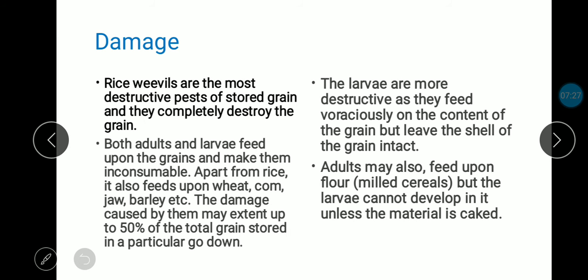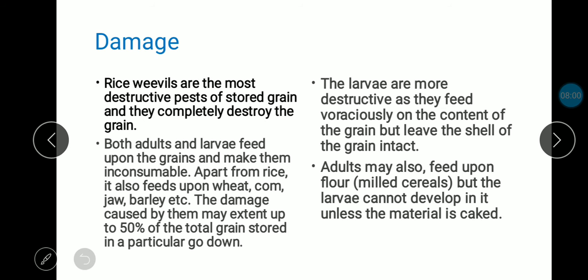The damage shows in many types of grains. Rice weevils are the most destructive pest of stored grain and they completely destroy the grain. Both adults and larvae feed upon the grains and make them inconsumable. Means the grains cannot be consumed by human beings.